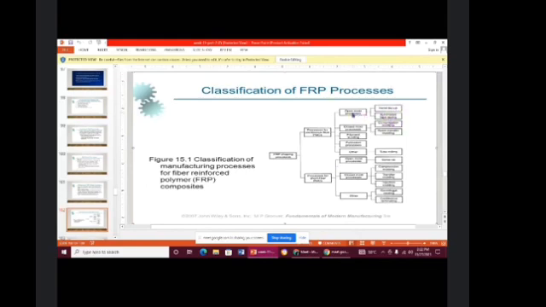In open mold processes, there are hand layup and automated tape laying. In closed mold processes, this is composed of compression molding and resin transfer molding. Then there are filament winding and the pultrusion process. The other processes are tube rolling and spray up. So this is the diagram.